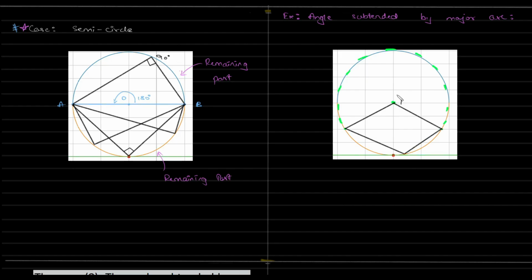So if this is say 240 degree, this will be 120 degree. So that's A, that's B, and that's right Q, for example. So this is your remaining part, that is AQB, and that's your part under consideration. So that is say AMB.